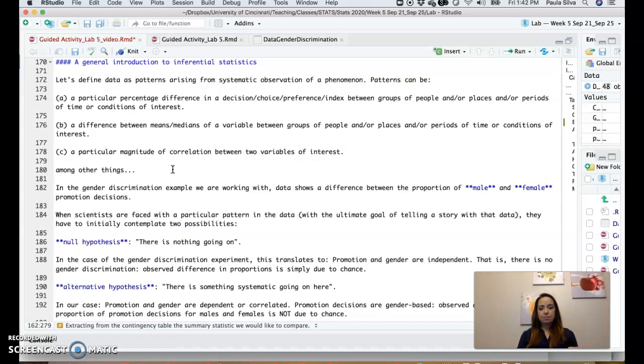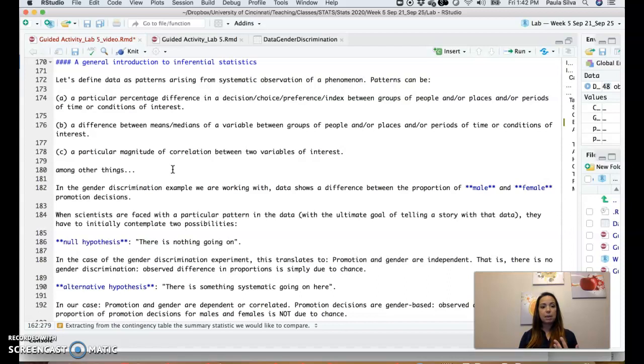Let's define data as patterns arising from systematic observation of a phenomenon. So here, that study on gender discrimination created conditions for us to systematically observe what happens about the promotion decisions, when there is only one difference between the candidates, which is the gender.